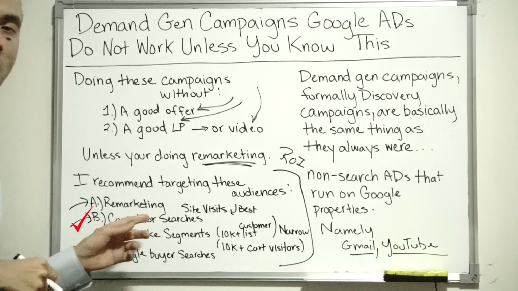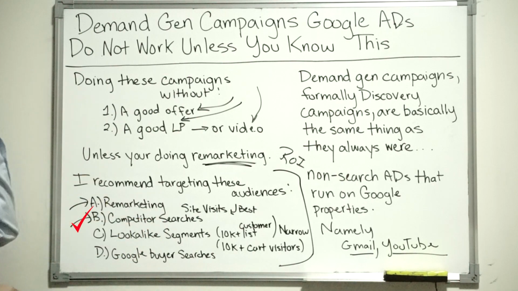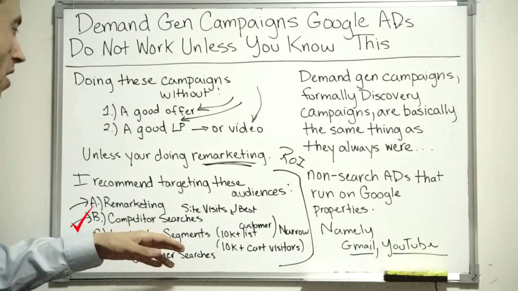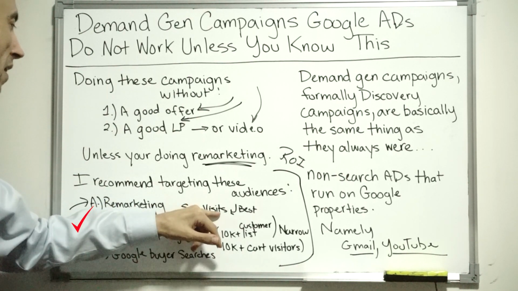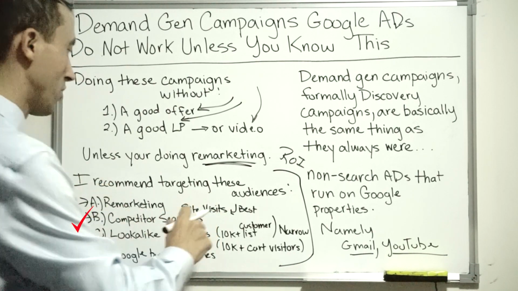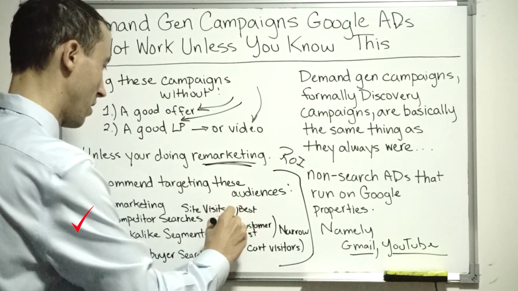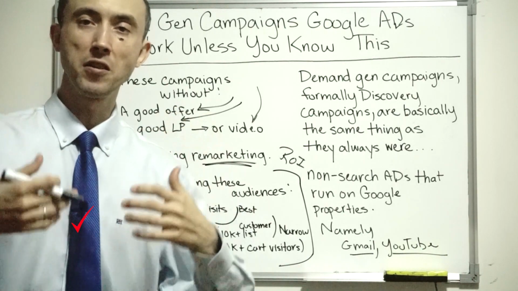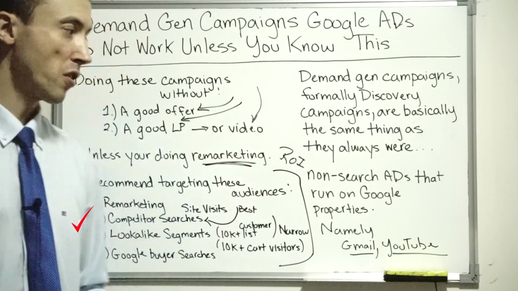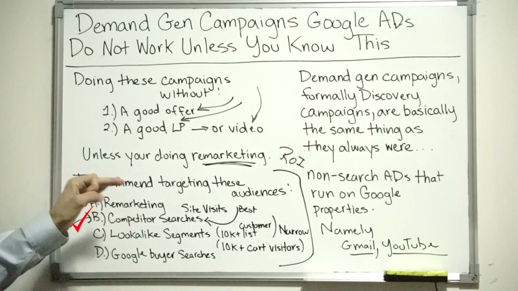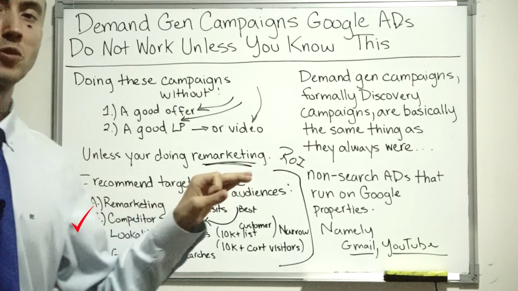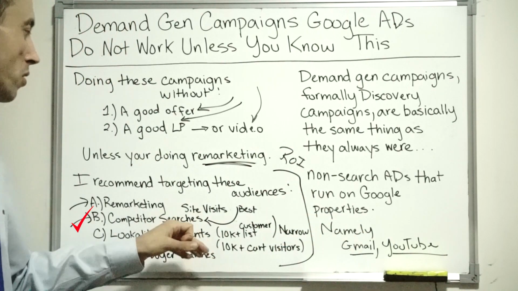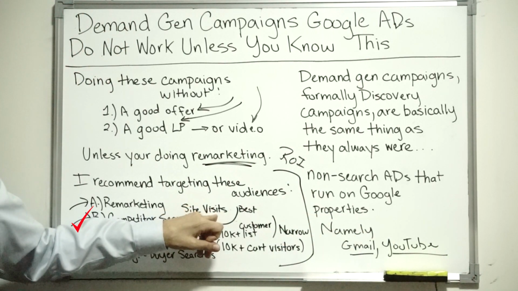So you can create a custom segment as an audience inside your Google account and target people that have searched for one of your direct competitors' products or services, so that your demand gen campaigns and related ads can show up for the people who search for those competitors. You can also target people who have visited your competitors' sites.